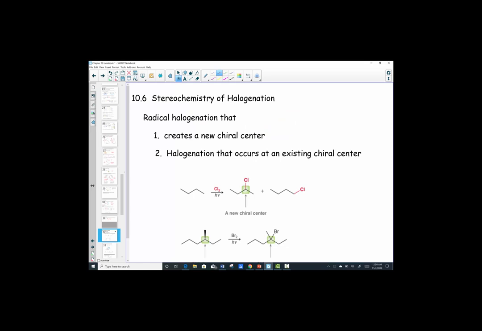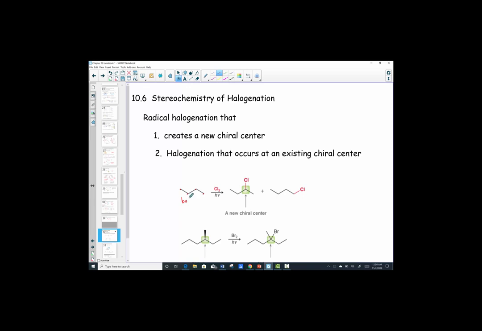Thinking about that a little bit better, let's bring in some stereochemistry. We just focused on regioselectivity. Let's focus on stereochemistry as well. So let's consider a radical halogenation that creates a new chiral center, or a halogenation that occurs at an existing chiral center. So here we have an example, 1, 2, 3, 4.